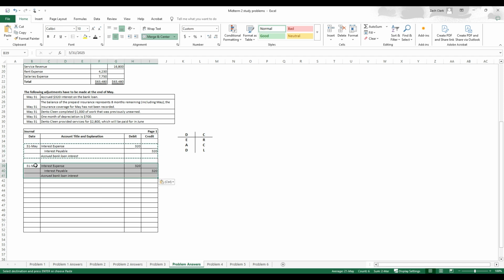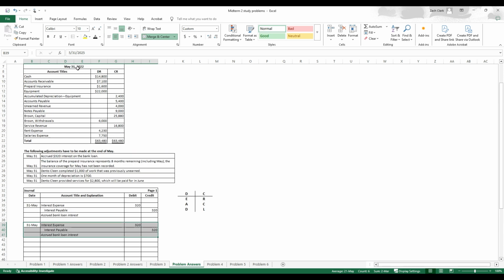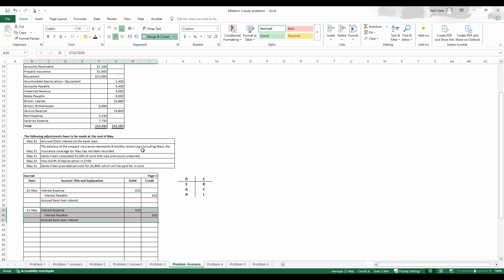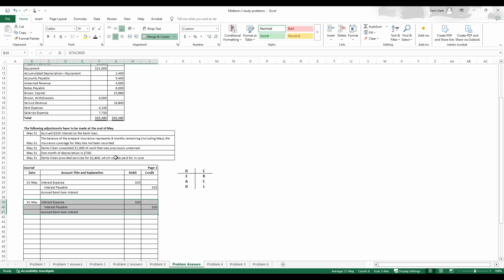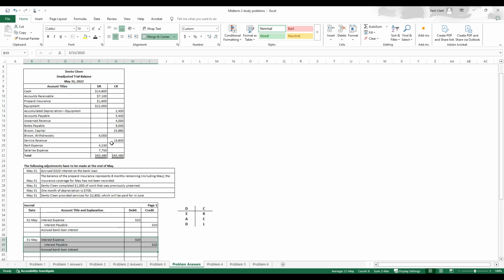Okay, the second one says the balance of the prepaid insurance represents 8 months, including May, and we're in the month of May. And the insurance for May expense has not been recorded. So let's come up real quick and just highlight. So here's our prepaid insurance. We bring that balance out.